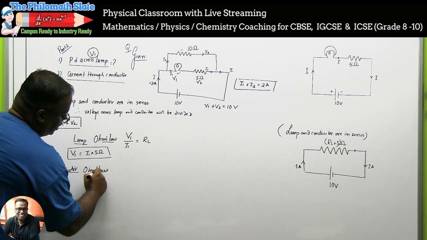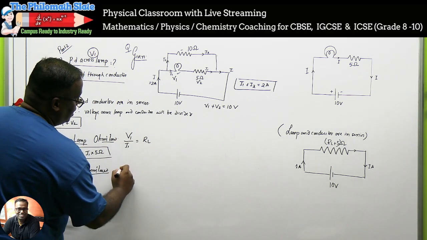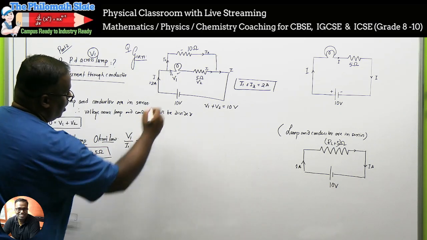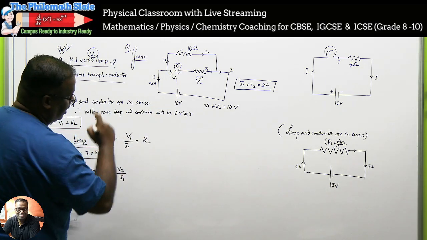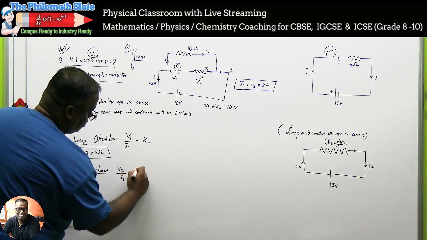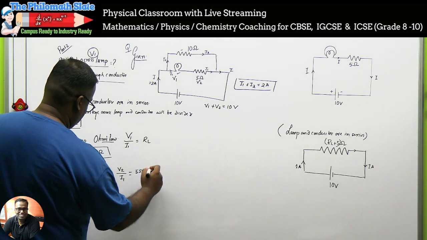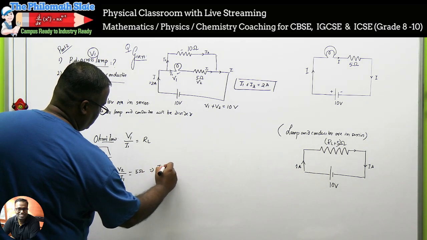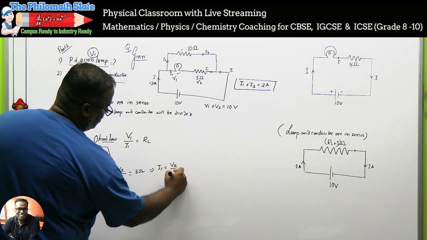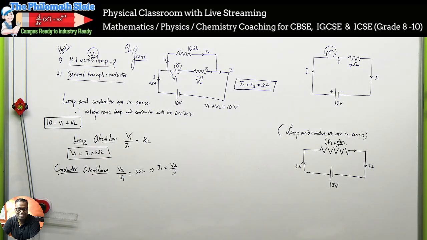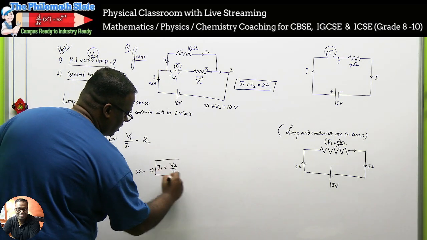Let's put Ohm's law in the conductor again. So V means V2 upon I1 is equal to 5 ohms. Do you agree? Therefore, from here you can say that I1 is equal to V2 by 5. Agreed? That is one more equation.